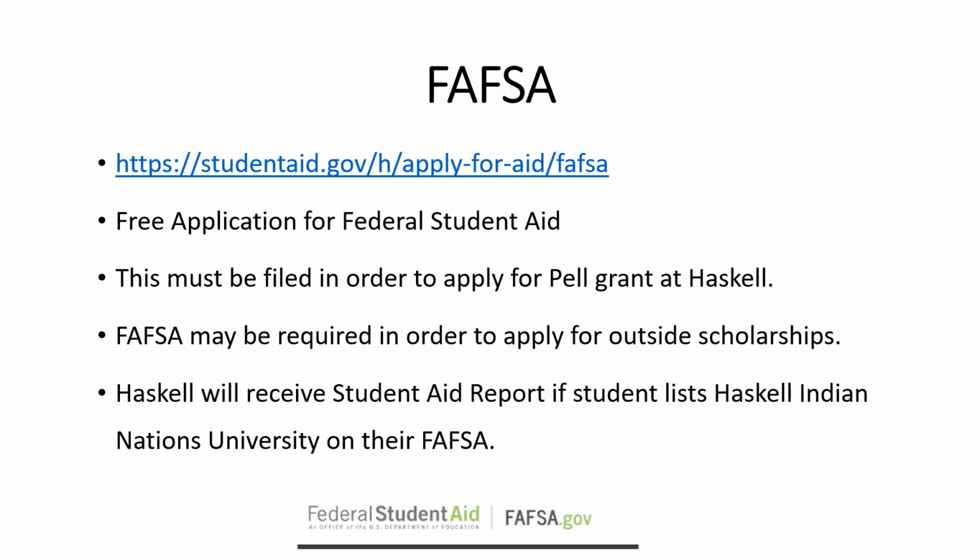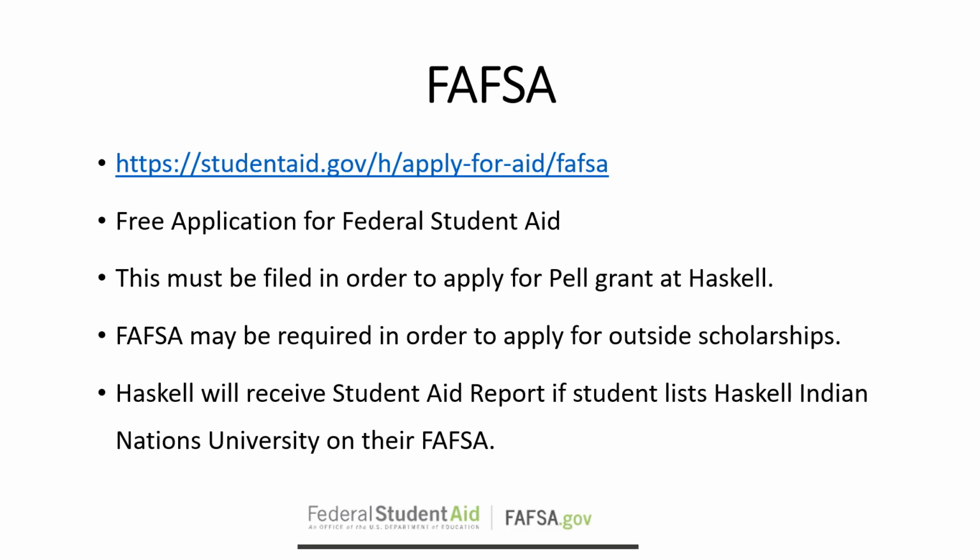So I recommend if there's any chance you might be eligible, or if you're going to apply for outside scholarships, get your FAFSA in, and then the FAFSA communicates to Haskell as long as you list it as the college you're going to be enrolled at or are already enrolled in. And then the student aid report gets sent from FAFSA website to the Haskell Financial Aid Office.